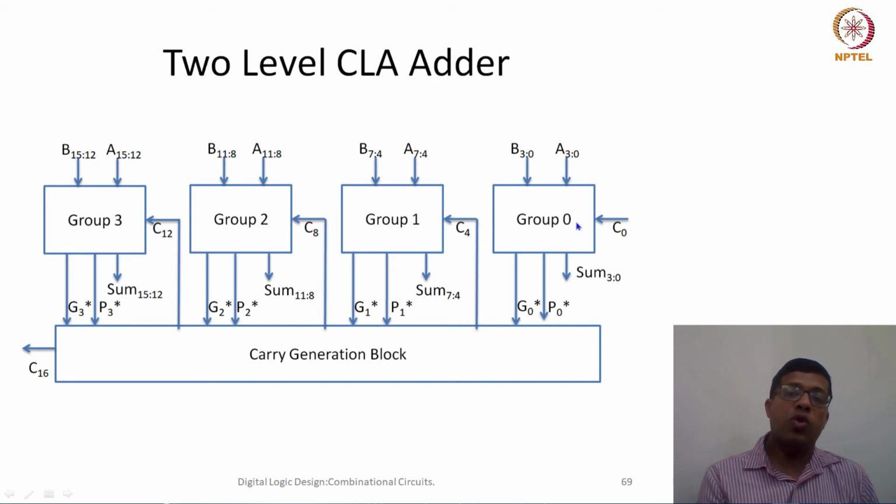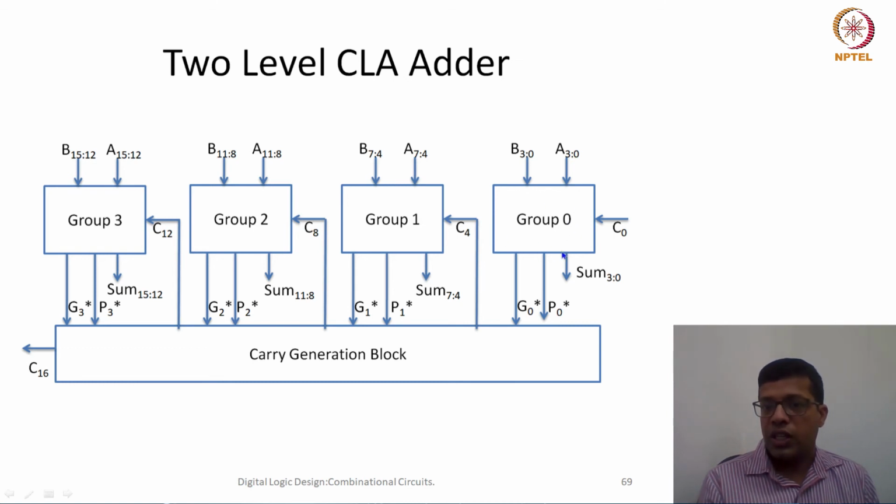Additionally, all of these groups, along with what they were doing internally, that is, they had their own carry generation and propagation blocks based on the primary inputs A and B, also generate two additional signals, called group generate and group propagate. So each group, or each first-level CLA, is doing carry lookahead computation within itself.